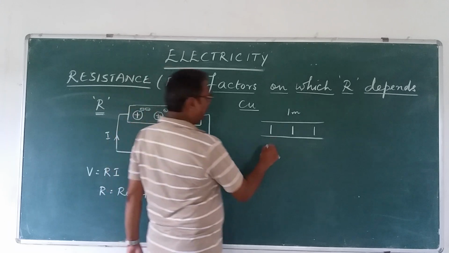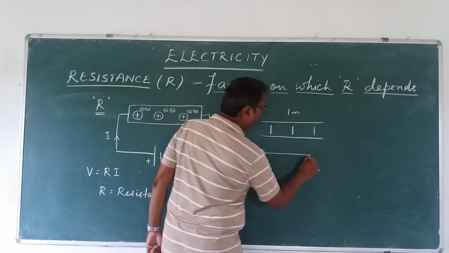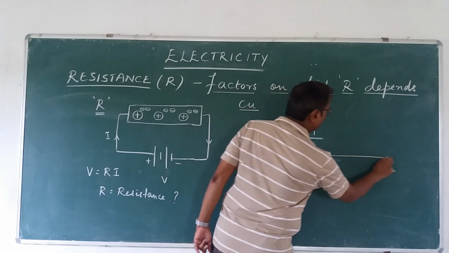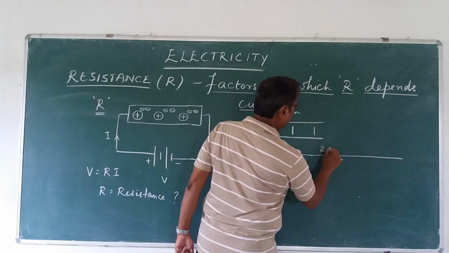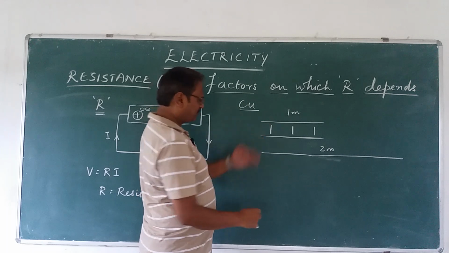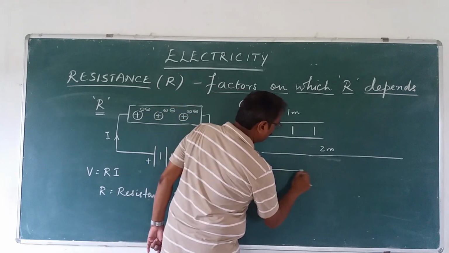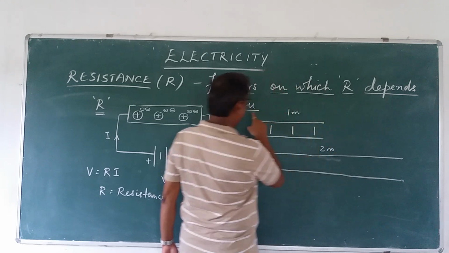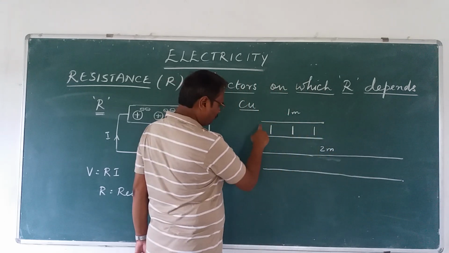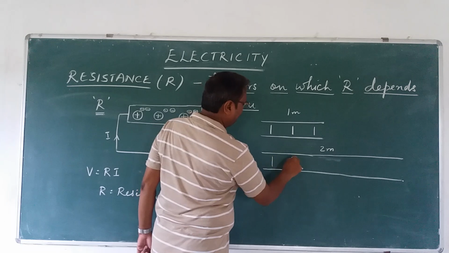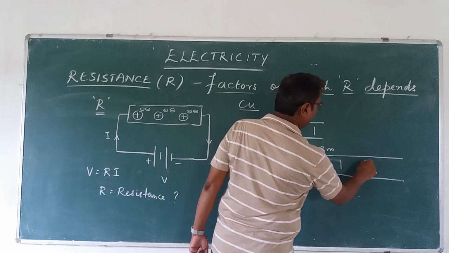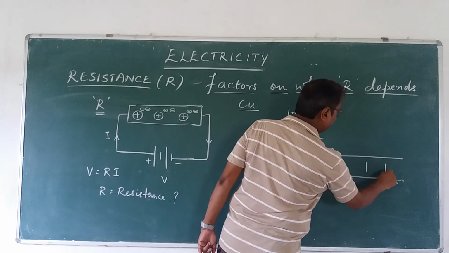Fine. And I take another piece of wire, or a track you can imagine, which is 2 meters in length. The distance is increased now. All other factors remain the same. The copper is the material and its area of cross section is the same, but now I have 2 meters of length, so naturally I have more hurdles in it.